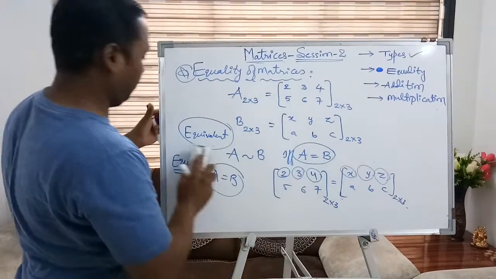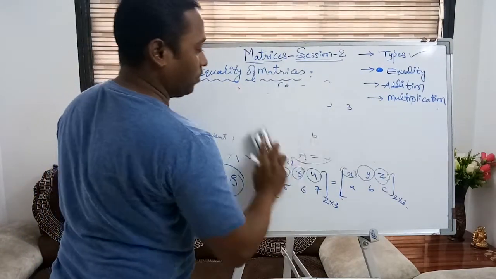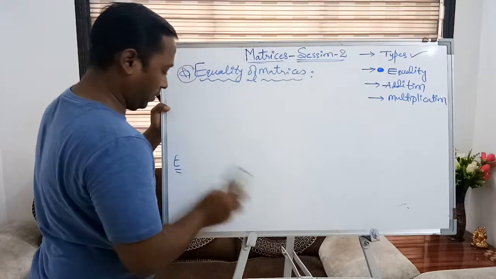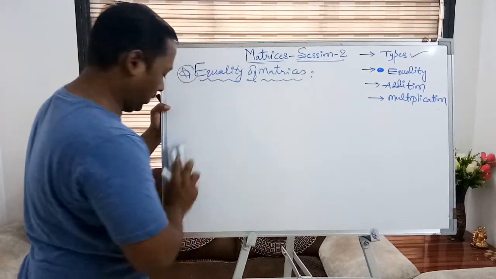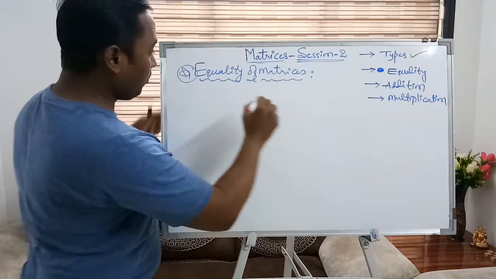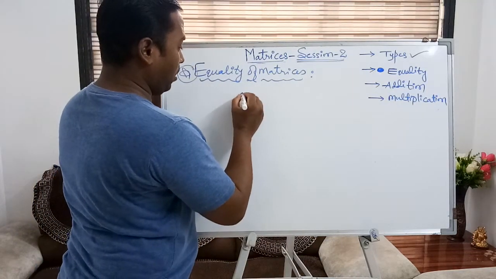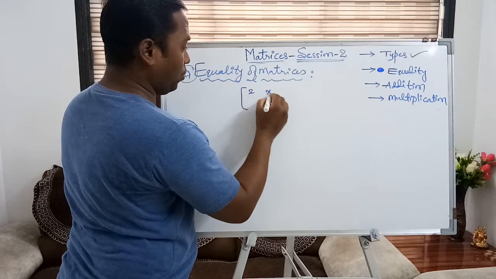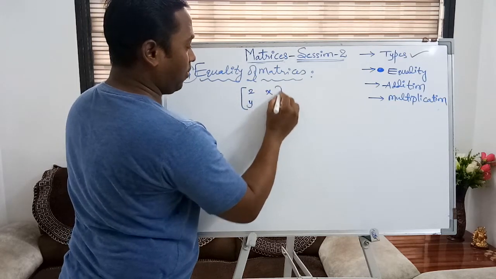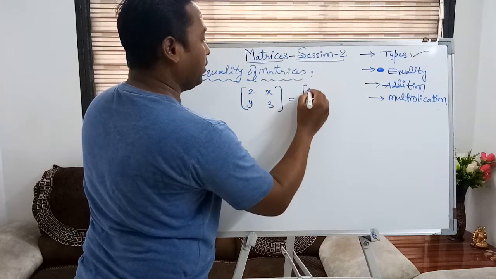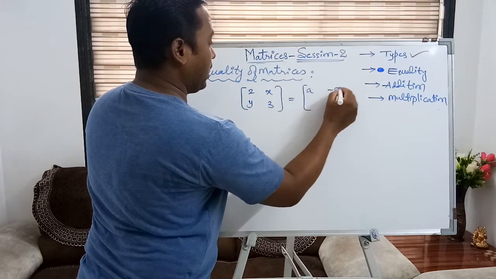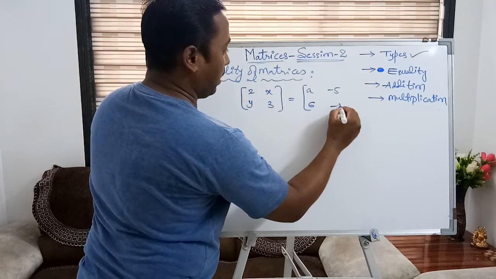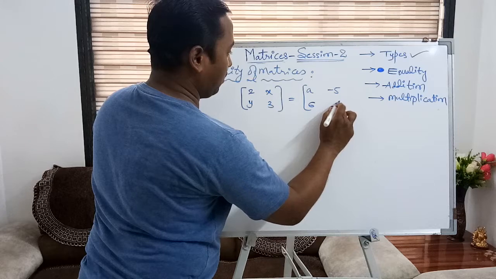Let us say one matrix of order 2 by 2 with entries 2, x, y, 3, and here a, minus 5, 6 and minus z.